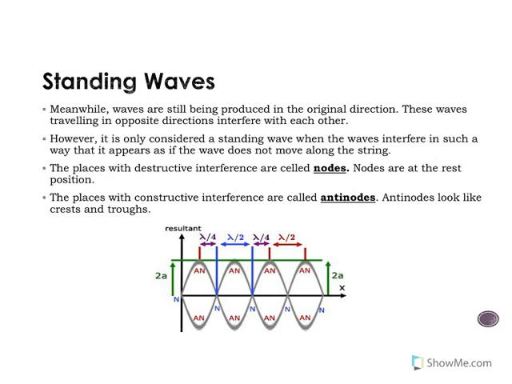Nodes are at the rest position, so right here would be all your nodes. The places with constructive interference are called antinodes. Antinodes look like the crests and troughs, so right here would be your antinodes.